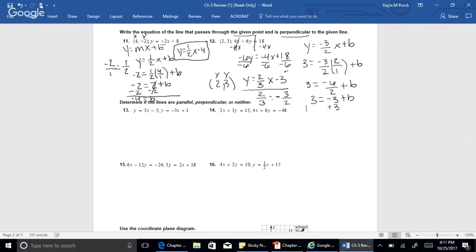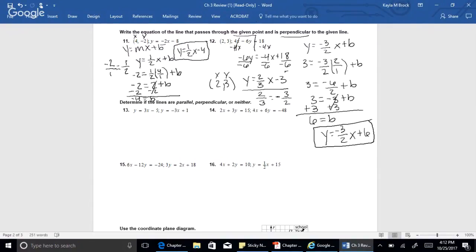Add 3, 6 equals b. So my perpendicular line is going to be y equals -3/2 x plus 6.